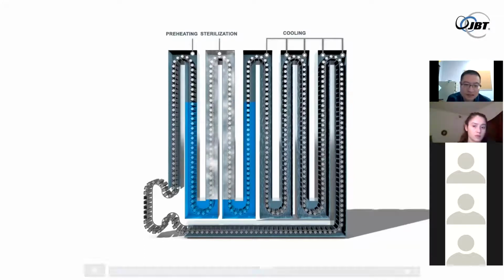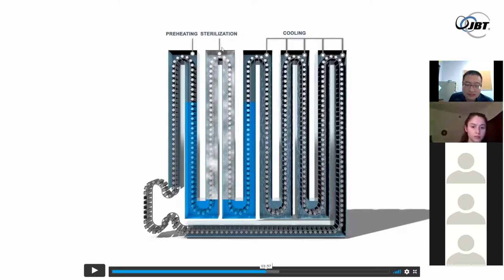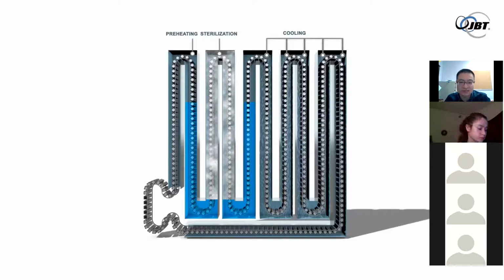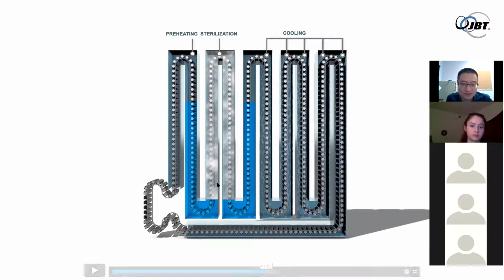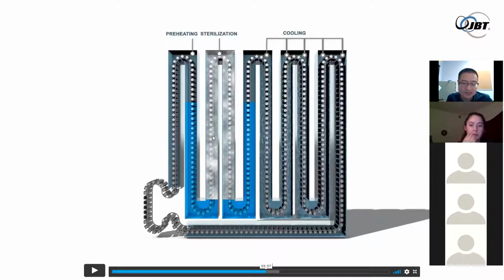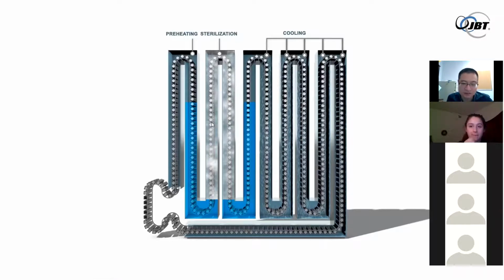If you look at the system here, in the middle, there's a sterilization section, right? And in this section, you can see that the pressure is actually sealed by the water, right? And the pressure is added by the water level difference. For example, you learned in high school physics that the pressure is equal to rho g h, right?